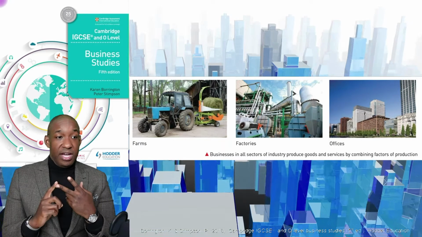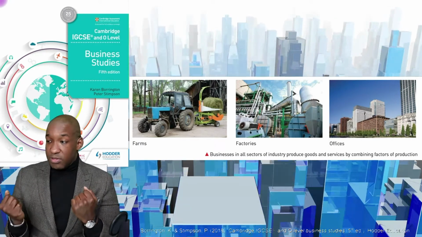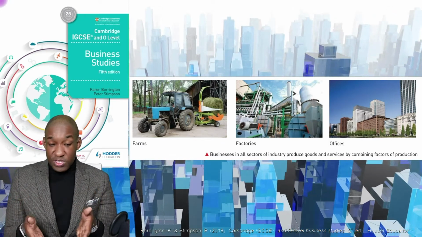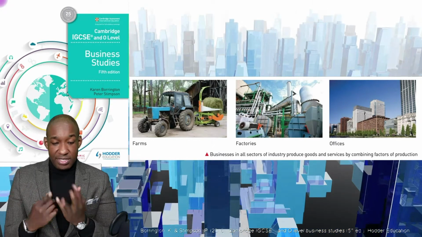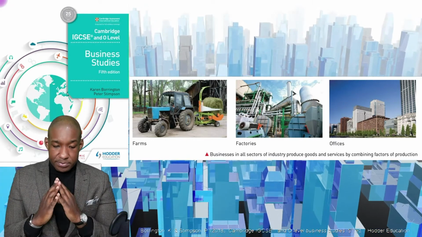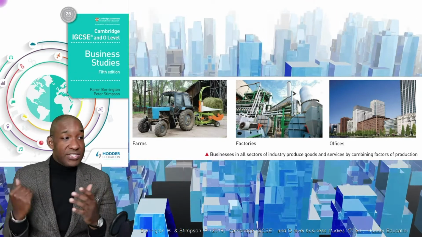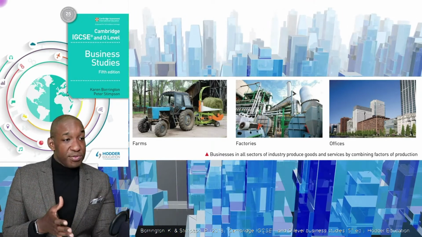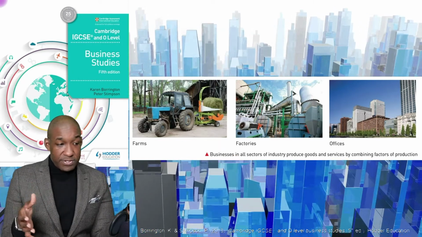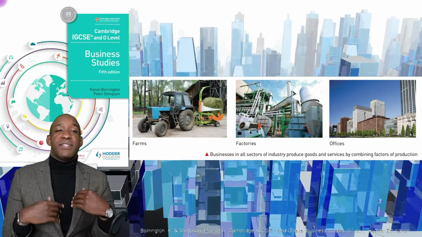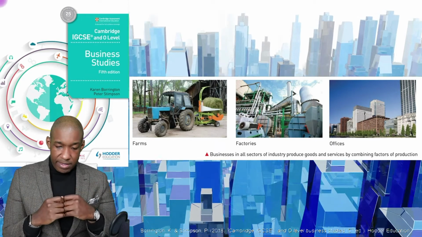Whether you're doing the labor by hand, or you're using machinery, you're using capital, like that tractor in the picture. And enterprise, somebody needs to start that farm. Somebody needs to turn growing vegetables in a patch of land or fruits in a patch of land into an actual business and start selling them.